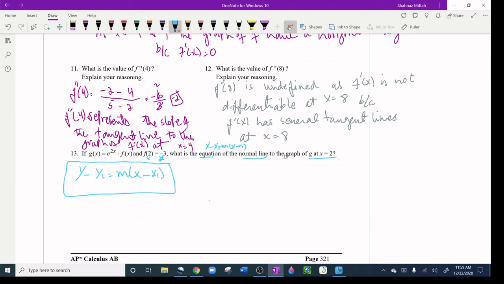So we already know x1 is 2, so I know y minus y1, and this m we need to figure out. How do I get the y for g? Because I have the y for f, but I don't have the y for g. So I'm going to plug in that 2 in the original g function, e to the 2 times 2 times f of 2.